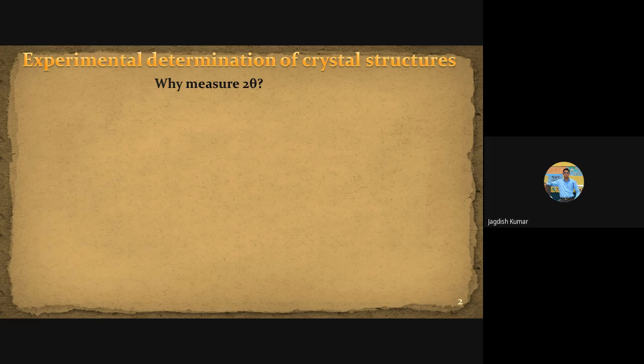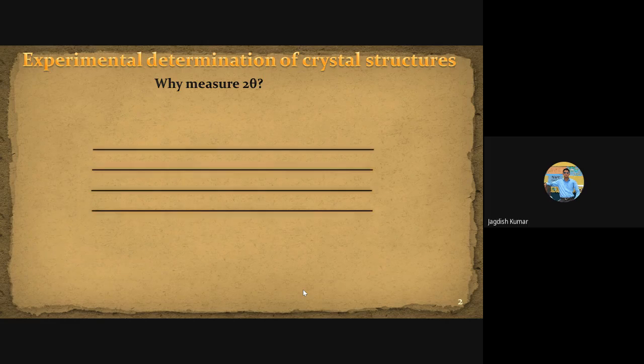Okay, fine, no problem. So the idea is very simple. Let us go to that typical Bragg's notation of crystallographic planes. Let us assume we have some set of atomic planes, and on those planes suppose we incident some X-ray beam at some angle, say theta. So what will happen?